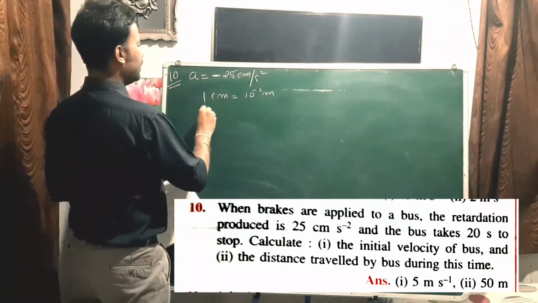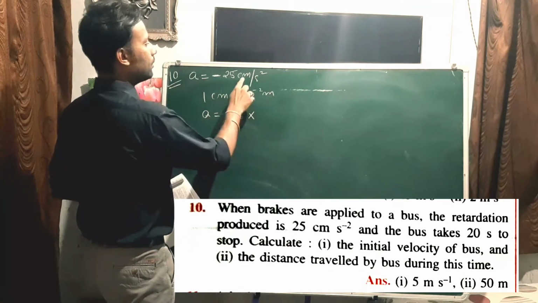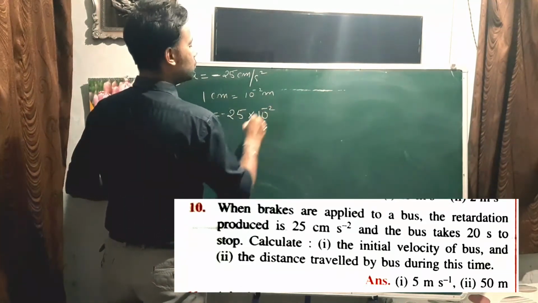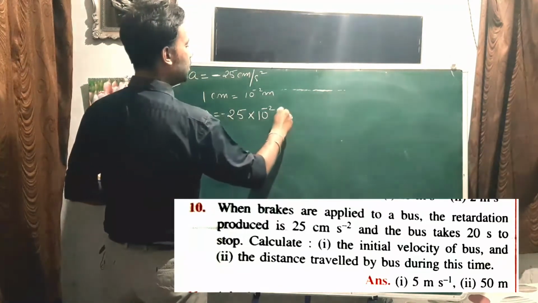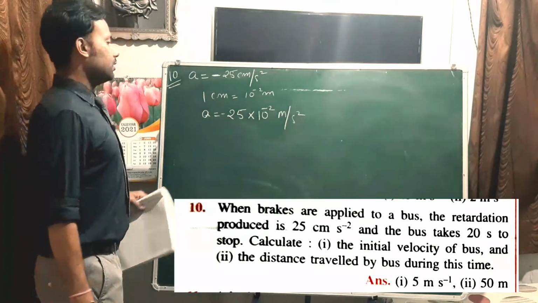So we can write a as minus 25 into, in the place of centimeter we can write 10 to the power minus 2. Now it becomes in meter per second square.